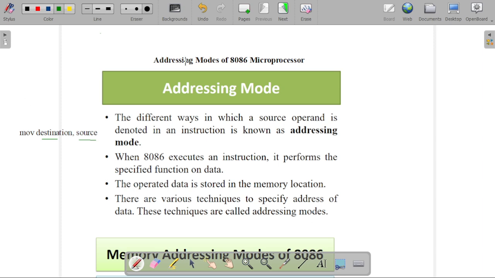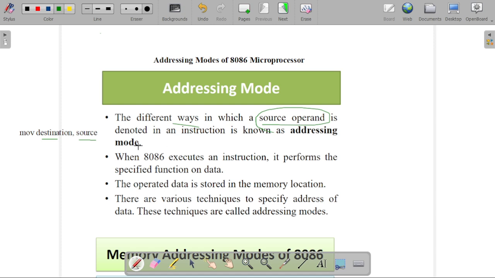With this, we can identify which type of addressing mode will be there in that particular instruction. So how can we identify this addressing mode? The definition of addressing mode is the way in which you represent your source operand.